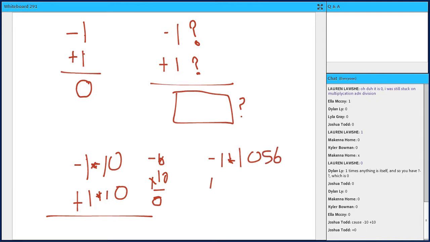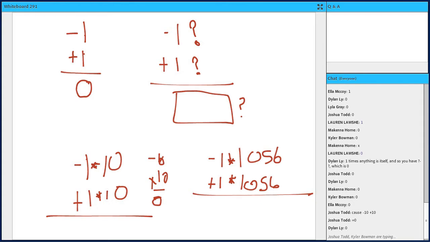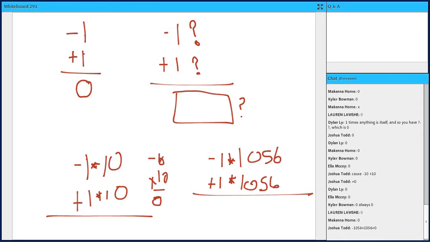Okay, what happens if I have -1 times 1,056 and a +1 times 1,056, and I combine those together, what do I get? You got it, I still get 0.